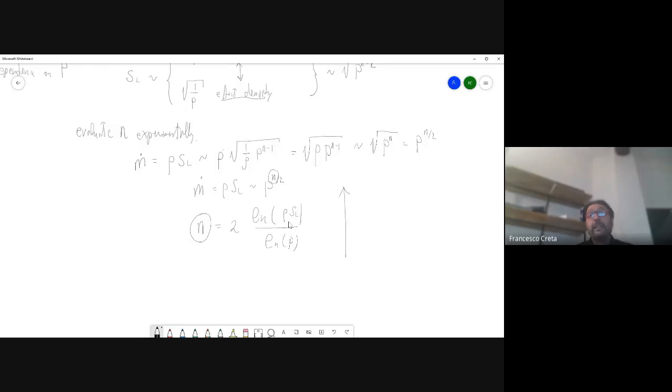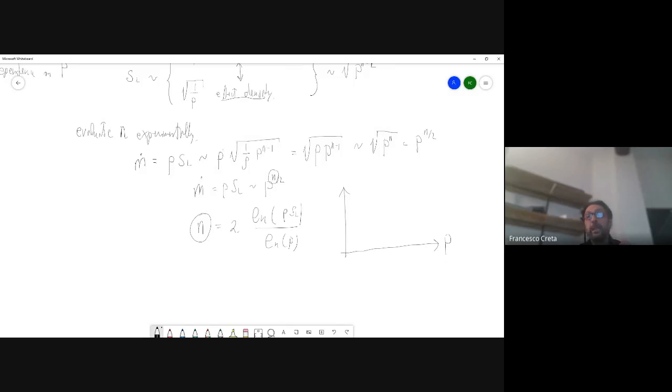Now, this is the technique. We can do an experiment where we always stabilize flames at different pressures.